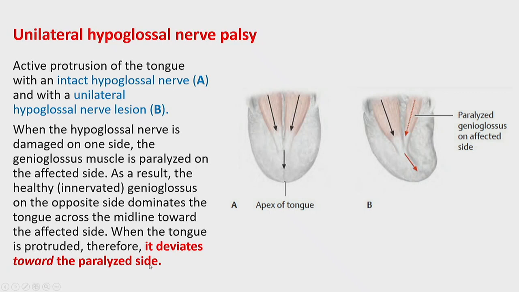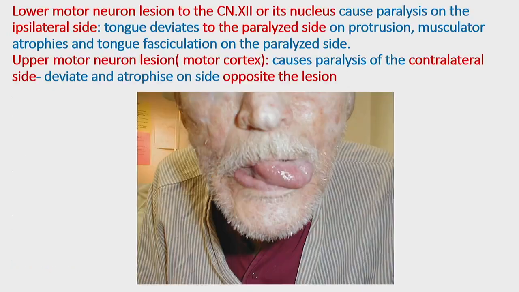This is very important for the examination of the hypoglossal nerve, cranial nerve number 12, and also the functioning of the genioglossus muscle. And be careful, we are going to discuss in the central nervous system that we have two lesions in neurology. We have the lower motor neuron, meaning the nerve in the periphery, coming from the central nervous system.